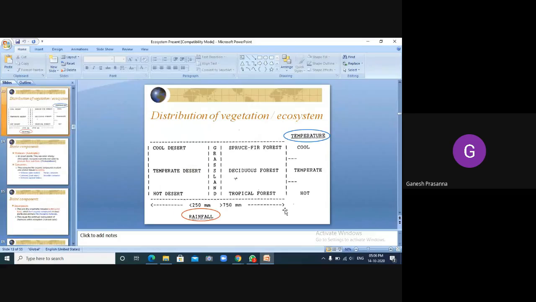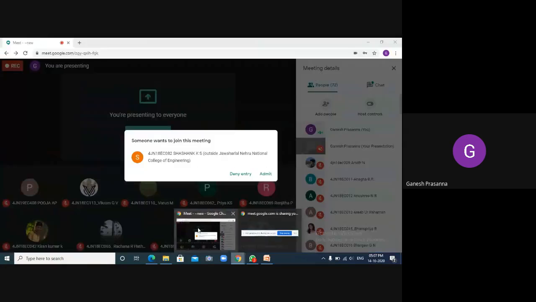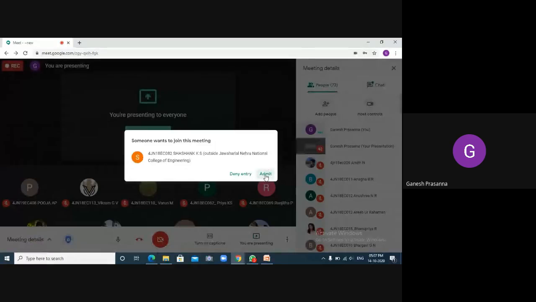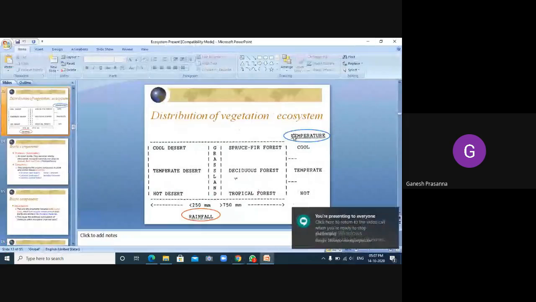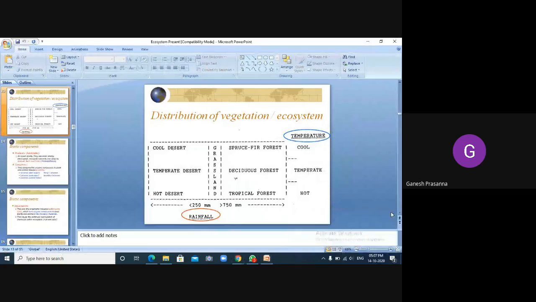Coming to the distribution of vegetation, this is how it is distributed. It is based on the amount of rainfall. Rainfall determines the temperature. If the rainfall is very low, then the temperature is usually hot, so it results in hot deserts.